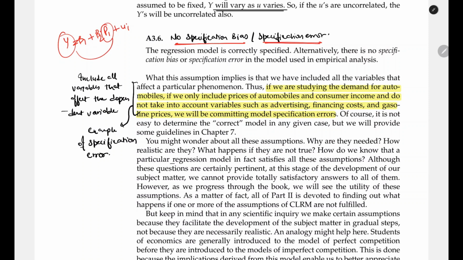Now this has also given us an example here: if we are studying the demand for an automobile and we include only prices of automobiles and consumers' income, and we do not take into account variables such as advertisement, financing cost, and gasoline prices, that is petrol prices, then we are committing a specification error. So this is what specification error means.